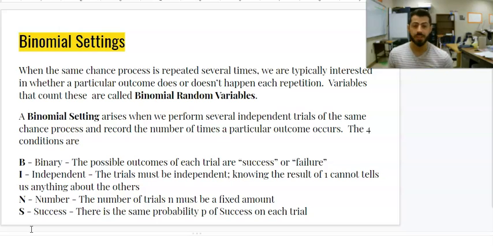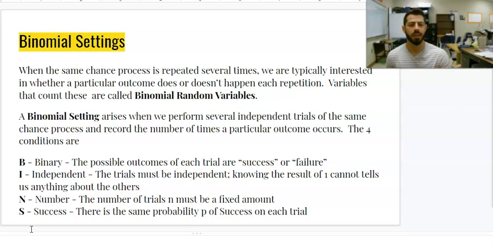There are 4 conditions to check to make sure we have a binomial setting. Those are that it is in fact binary, so the outcomes can be classified as either a success or a failure. That each trial is independent, meaning that if we know the result for one trial, it doesn't affect the result for another trial. We know the number of trials beforehand.